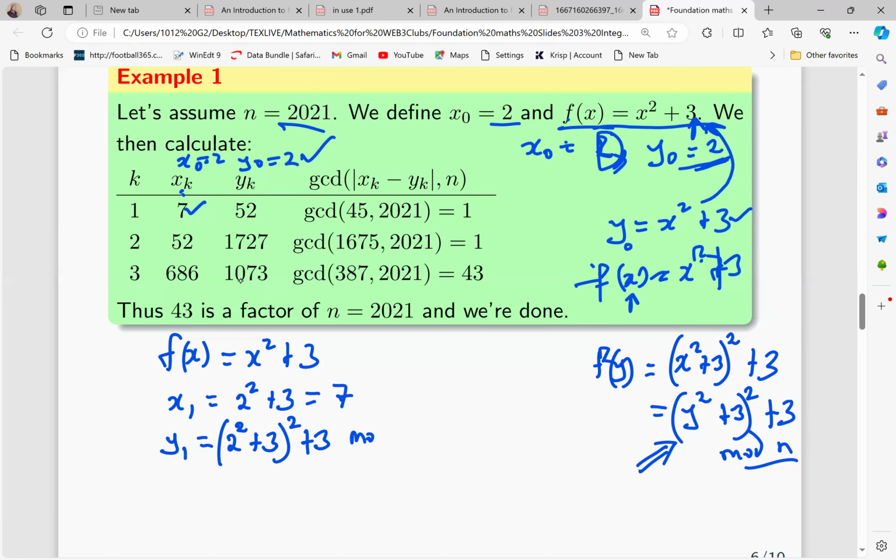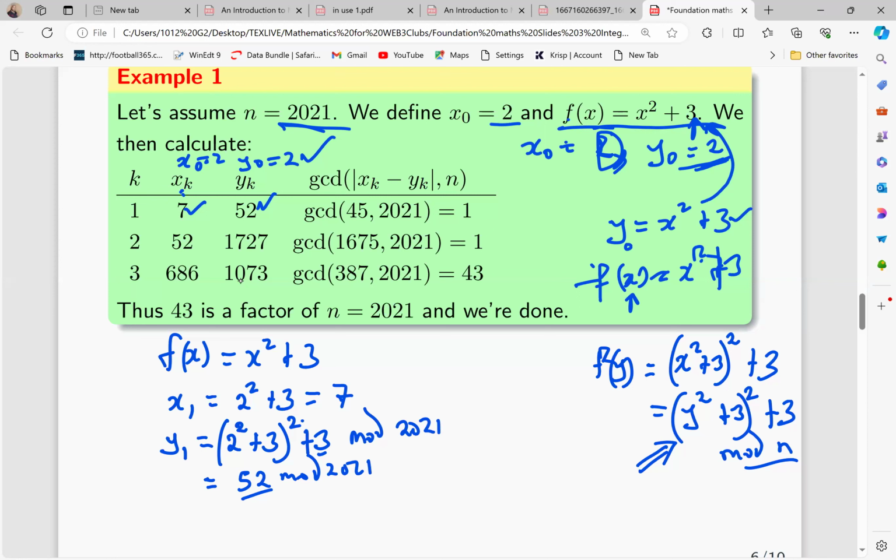Then do it mod 2021, so that if it's bigger than 2021, we reduce it. So what do I get here? This will be 4 plus 3, that is 7. When you square 7, you get 49. 49 plus 3 gives 52 mod 2021. This one is smaller, so you leave it. That 52 is there.